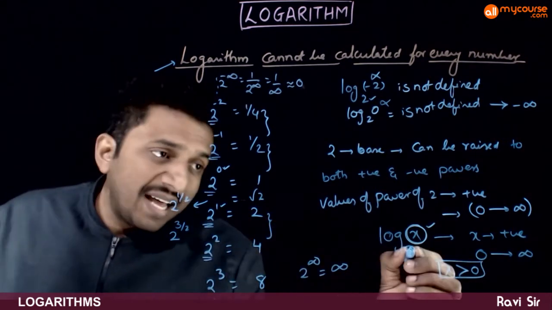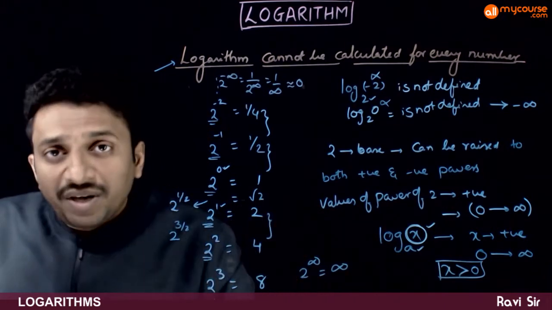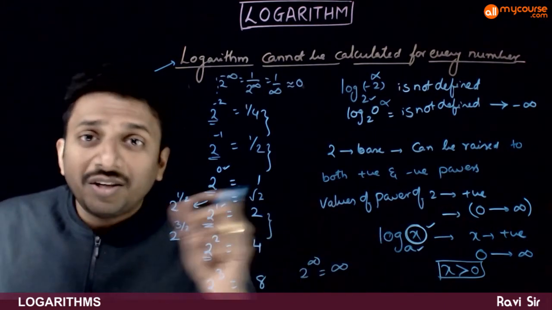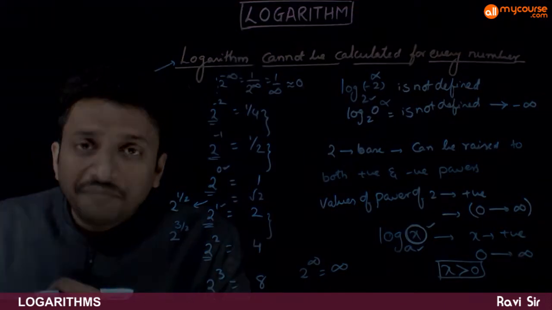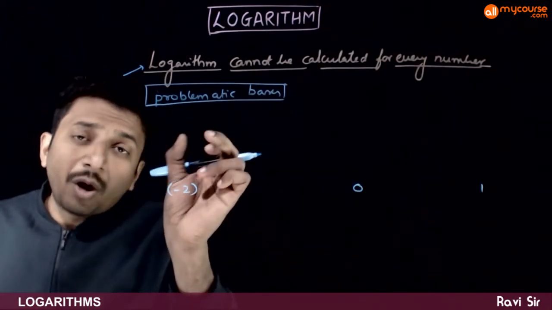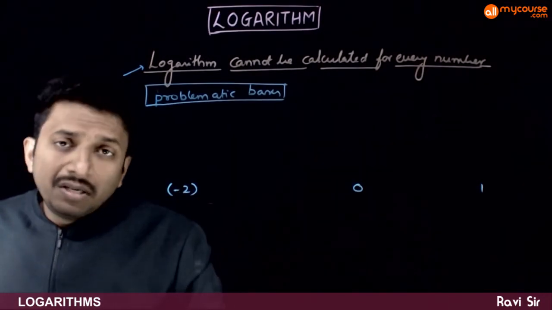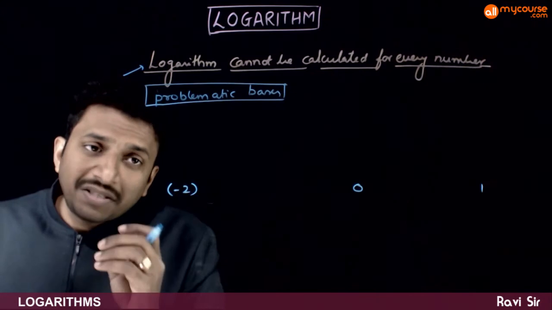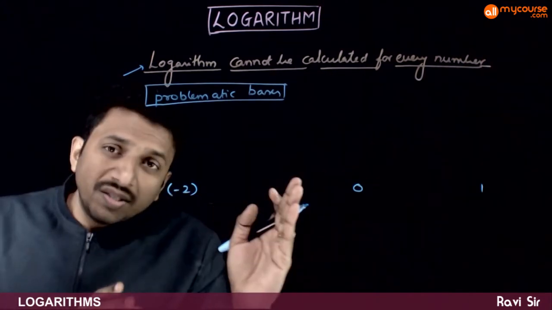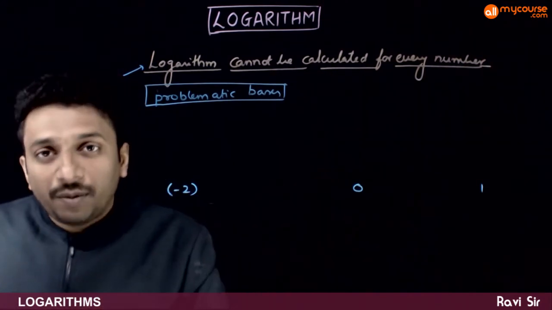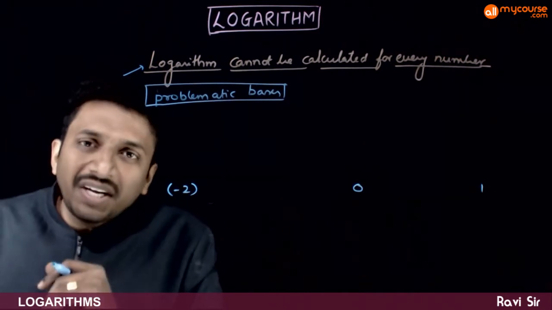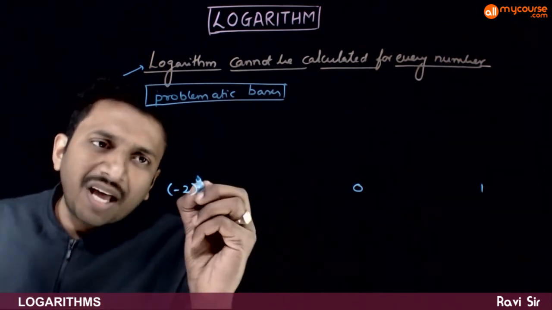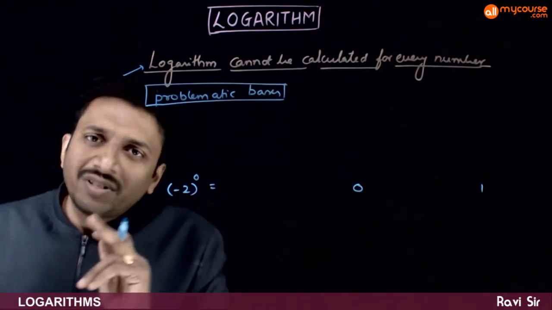So now let us analyze what should be the values of bases for which logarithms are defined. If you look at the problematic bases, you encounter 3 types of problematic bases. One is the negative numbers, 0 is problematic, 1 is problematic. A negative number can be raised to an integer power, there is no problem.